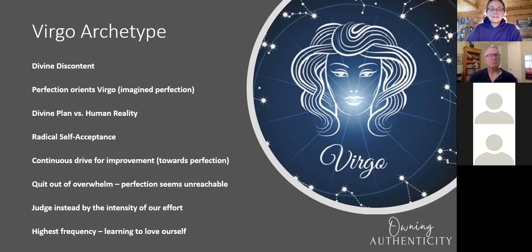But when we realize that all I can do is my best, that's the highest frequency expression of Virgo: I'm going to judge myself by my effort, the intensity of me putting forth my all. And if I put forth my all, then I'm satisfied. The result and its imperfections is beside the point. It's just no longer my focus. But when I set out on a path, perfect is what I'm aiming for every single time.